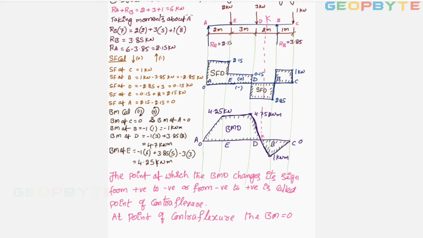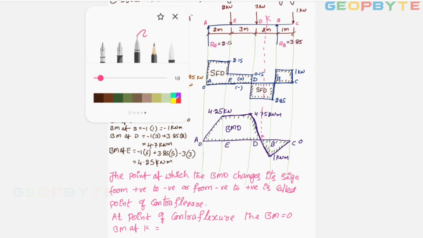So now, BM at K. Let that point of contraflexure be at a distance of x from B. That x you have to find.